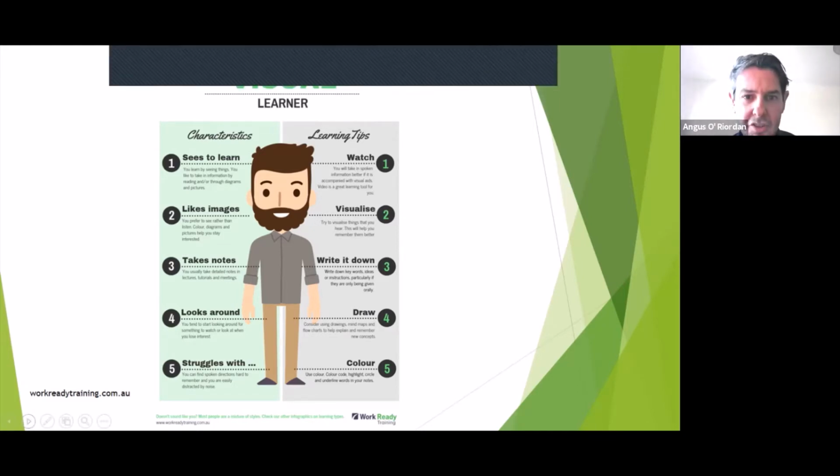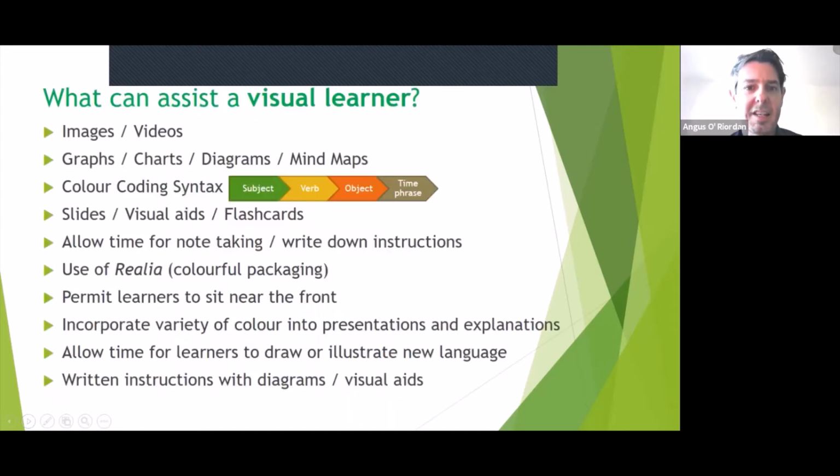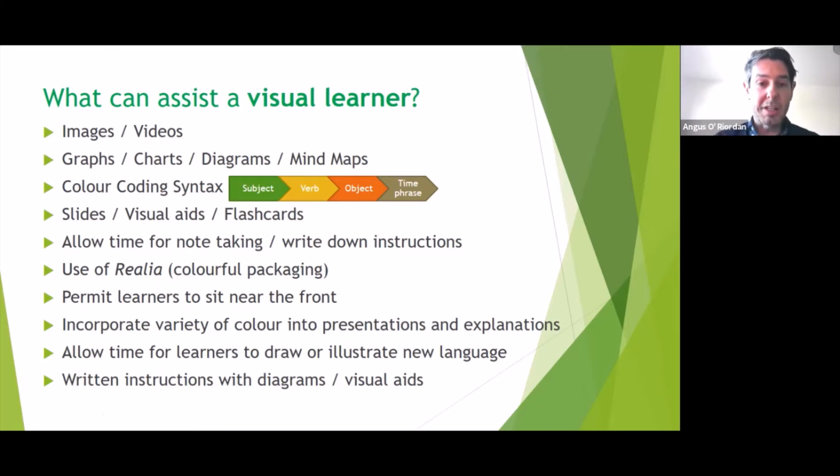Okay, moving on, just to think about what can assist a visual learner in the classroom. So we're going to think here about some of the key things that we could use in our classroom to assist with the visual learner. Obviously images, of course, that goes without saying, they're visual. Videos, and we're going to think about videos now. That's an important part of this presentation.